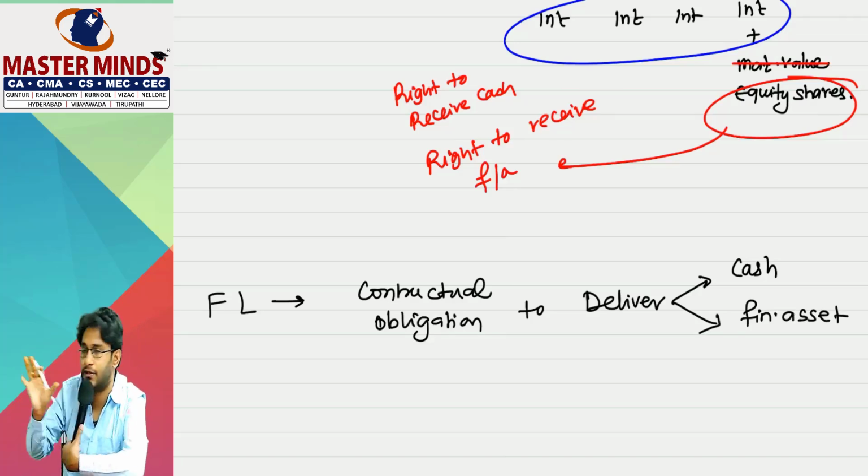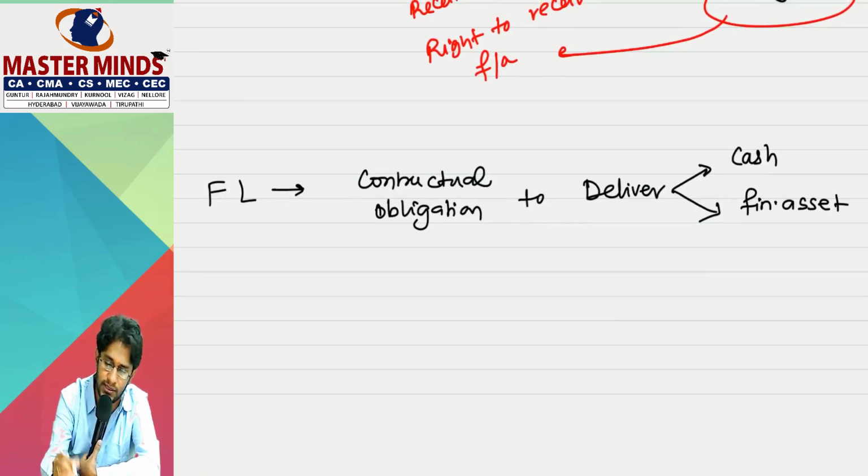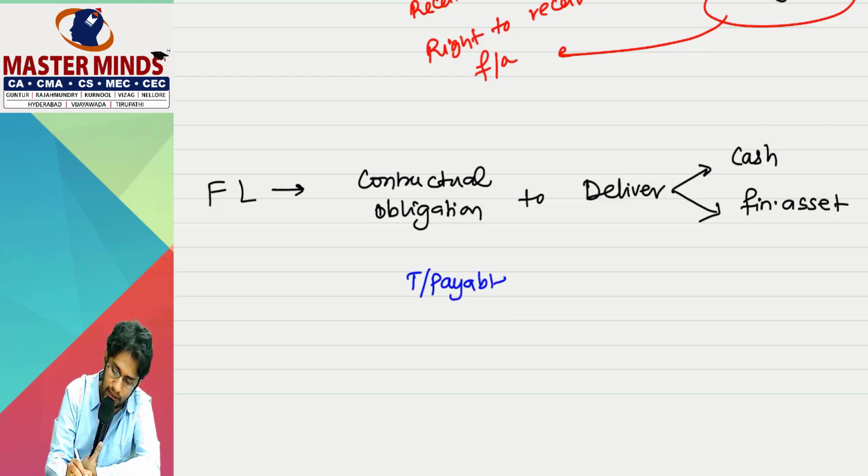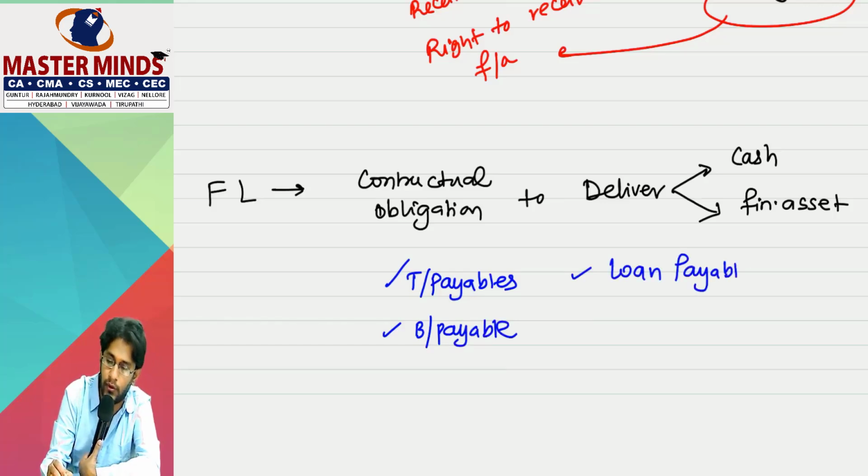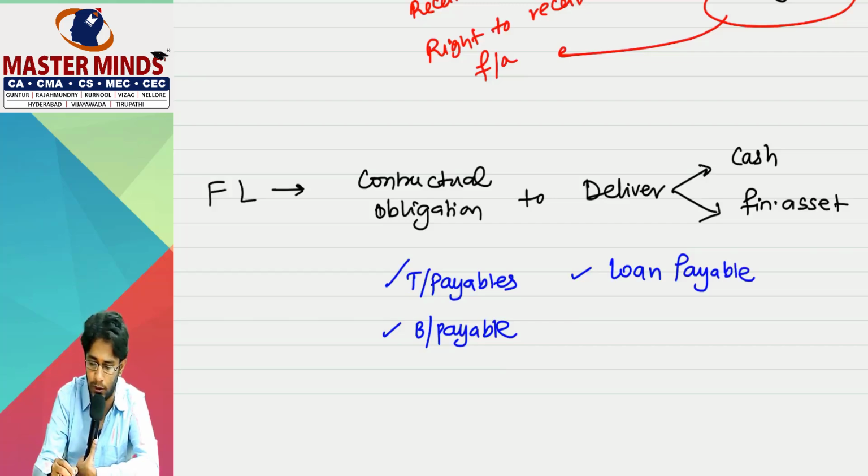Then this obligation is called a financial liability. Here, which examples will fit? Of course, trade payables is an example, and bills payable, then loan payable, loan whatever we have received from a bank, we have an obligation to pay. Debentures issued which are supposed to be redeemed.